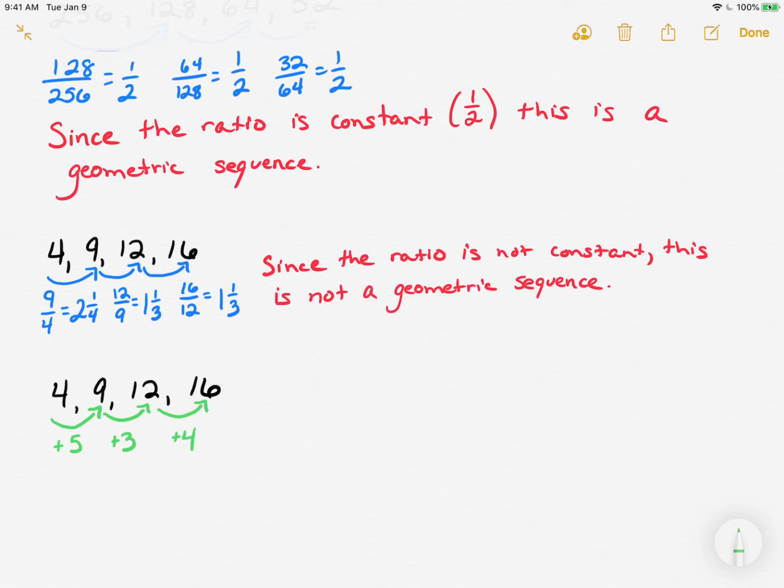None of those are the same. So since the difference is not constant, this is not an arithmetic sequence.